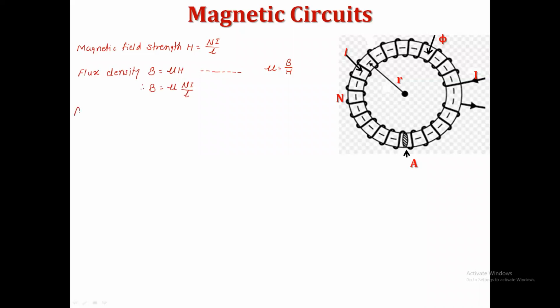Then, according to the definition of flux density, we can write B is equal to phi upon A. Also, we can write phi is equal to B into A. Now, let me consider that this is equation number 1.